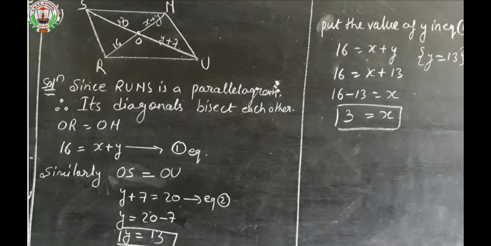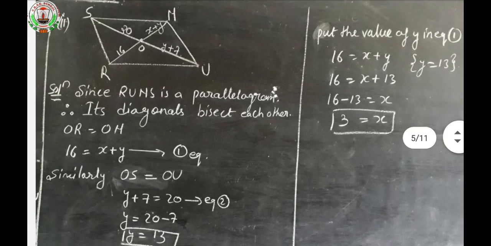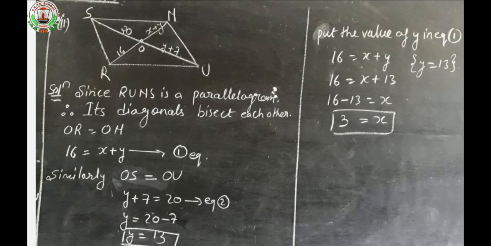This 13 value we are going to substitute here in equation 1. That is, in place of y we are going to keep 13. So 16 is equal to x plus y, where y is equal to 13. So 16 is equal to x plus 13.